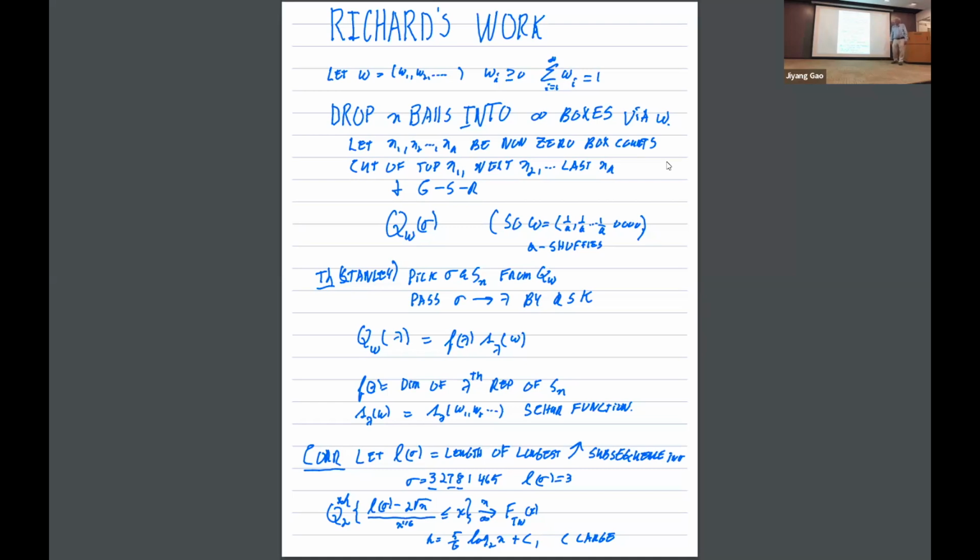And what Richard did, and this just knocked me over, is the following theorem. Pick a permutation sigma at random from one of these omega shuffles. And now do what is natural for all of us to do: pass sigma into a partition by using the Robinson-Schensted algorithm. That is, take sigma and you have a pair of standard Young tableaux with a shape, call that shape lambda.